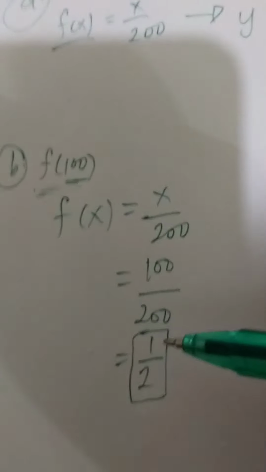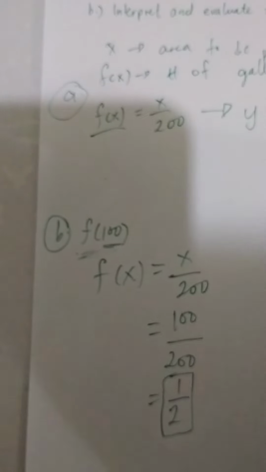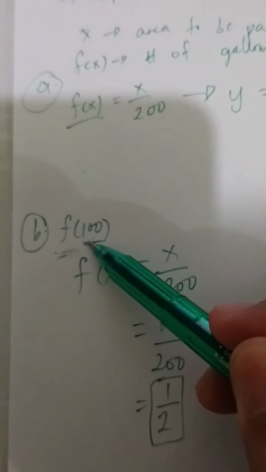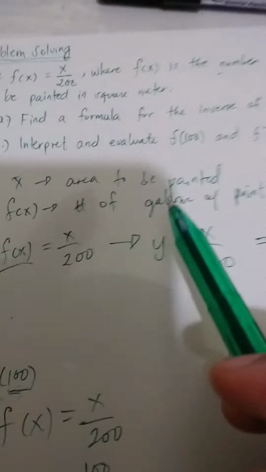To interpret this, given our input 100, what is our input? Area to be painted.